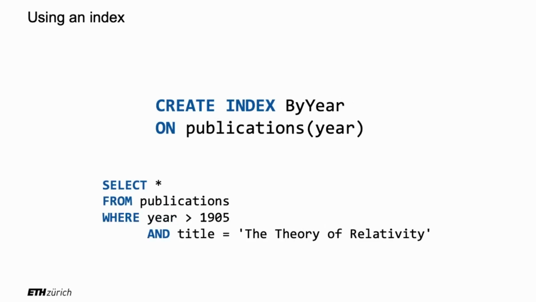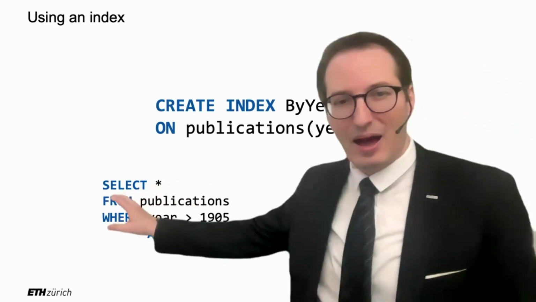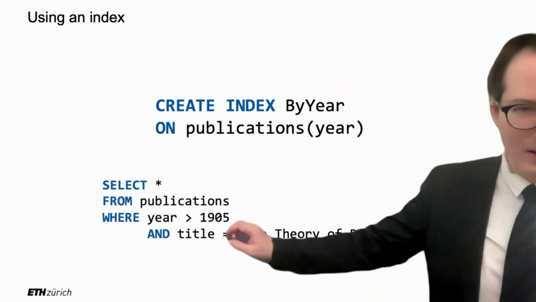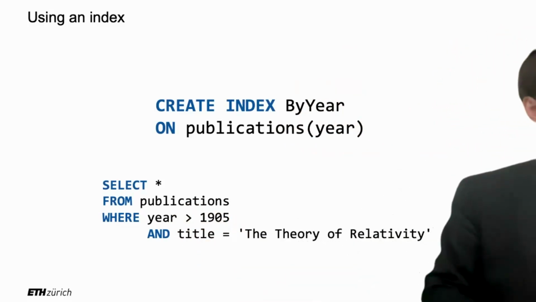Here's another one where we created an index, but this time on the year column. So now if I would search for a specific year, that would be relatively fast. And if I'm looking for a year interval, then I can use the index, right? So now look at what's happening in here. I have a where clause that has multiple criteria.